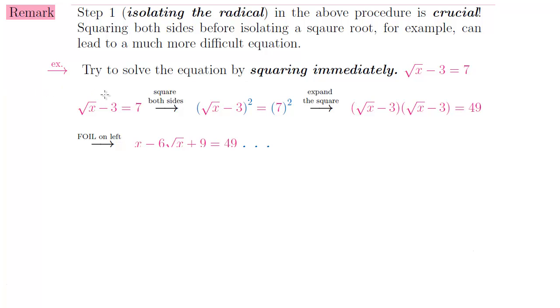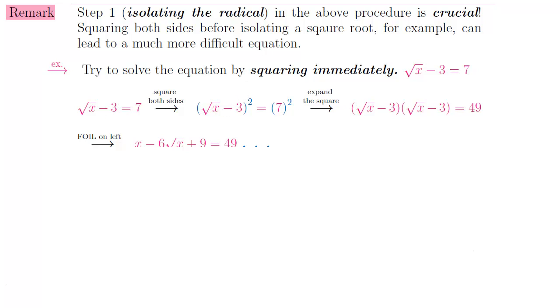All right, if you take a simple equation like square root of x minus 3 equals 7, and you try to solve this equation by squaring immediately without isolating the root x first, look at what happens. You're going to square both sides, but you're going to have to square root x minus 3.